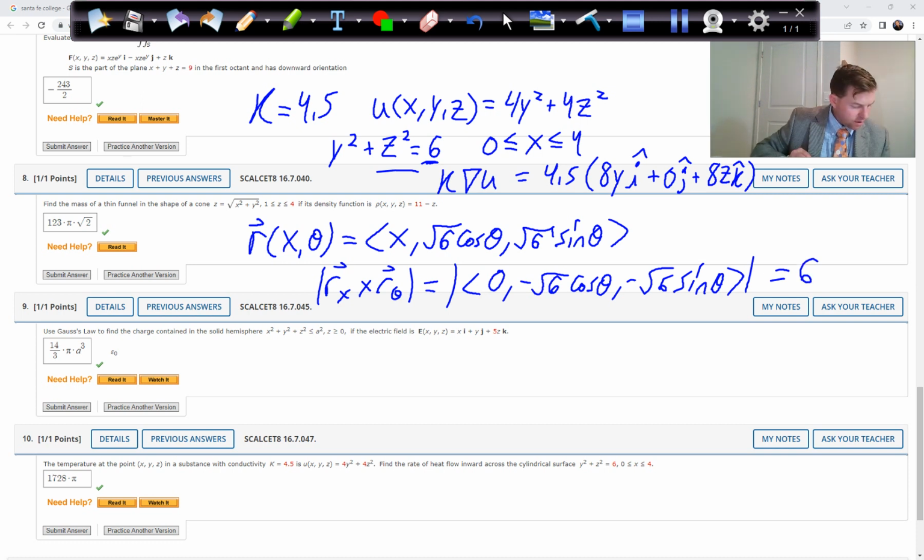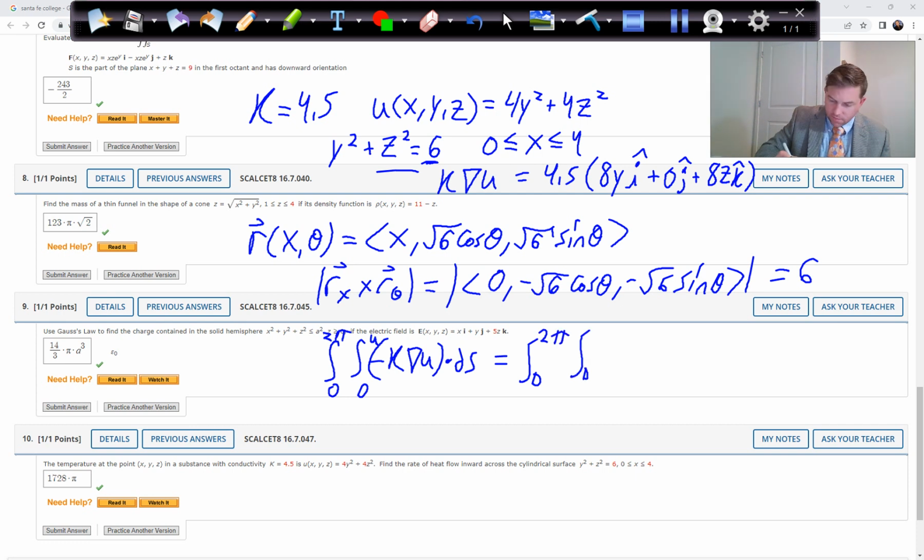Okay, so then we're going to take the antiderivative of, when we plug all this in, 0 to 4, 0 to 2 pi of negative k del u dotted with dS, and that's going to turn out to be 0 to 2 pi, 0 to 4 of negative 4.5 times negative 48, which is this 6 times these 8s up here.